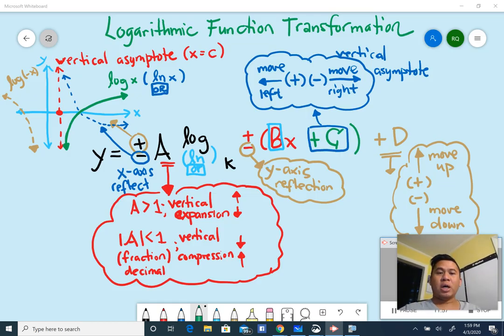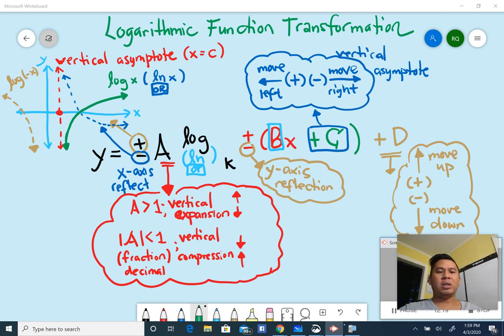Let us now go to a graphic organizer summary for our discussion of logarithmic function transformation. So once again, y is equal to plus or minus a, either log or ln, plus or minus bx plus c plus d. So let's start with the plus.